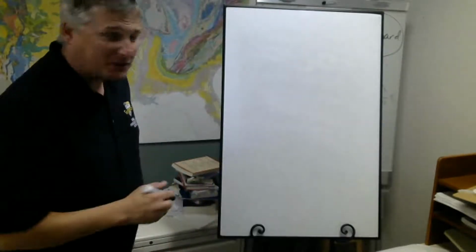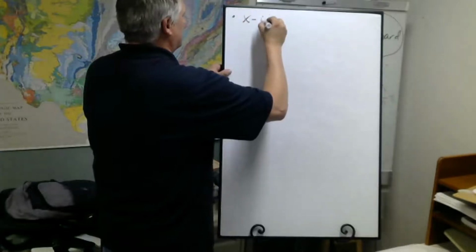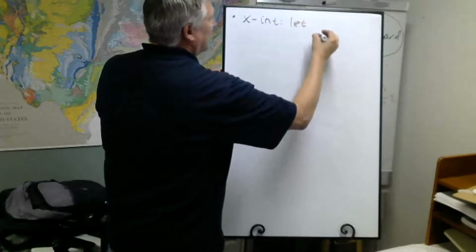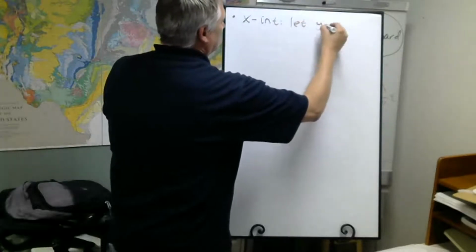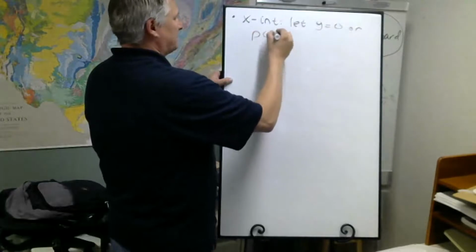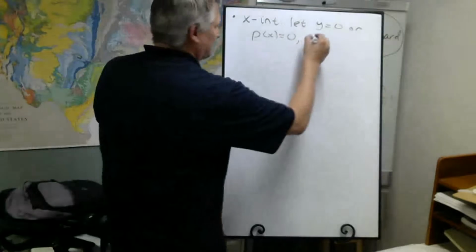So with the x-intercept, we're going to let y equal 0, or for us, that's going to be p of x equals 0, and solve for x.